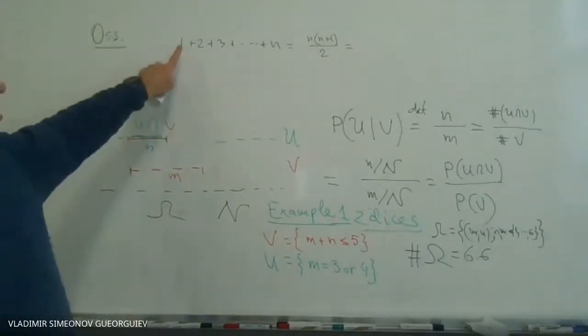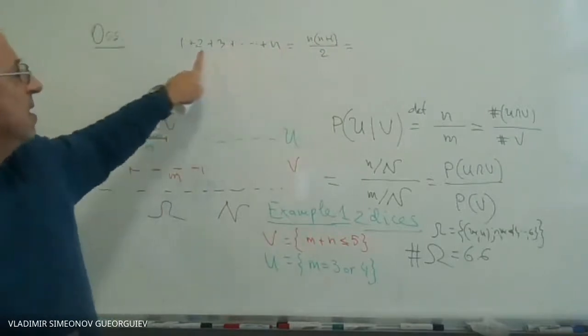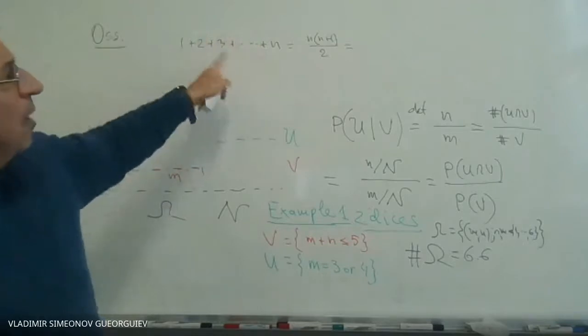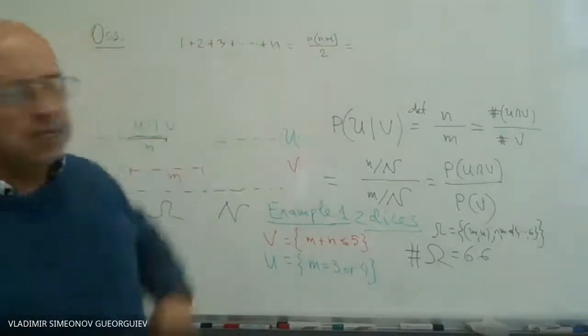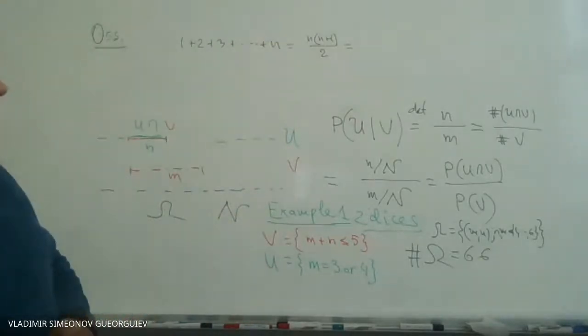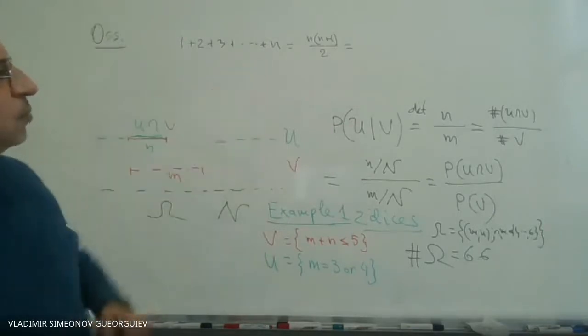Usually what you are doing, you take the first one and the last one, the sum is n plus 1. 2 plus n minus 1 is again n plus 1. And you count how many times this appears. If n is even, this appears n over 2 times. And therefore, this is sufficient to prove this.